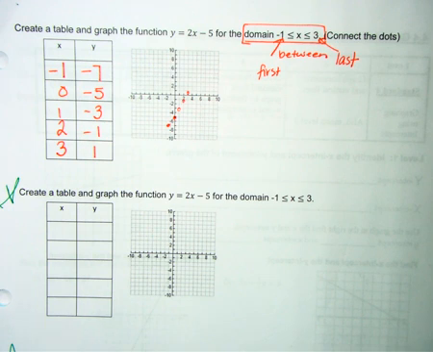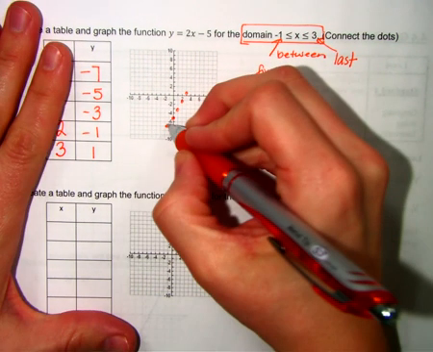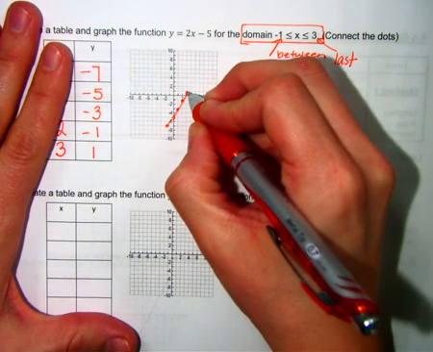Again, level 1: you know to leave those dots alone because your domain is a list of numbers. Level 2, it says all numbers. Level 3, it says all numbers. So we need to do an arrow. Level 4, right here, says I just want the dots between -1 and 3. So where are the dots between?